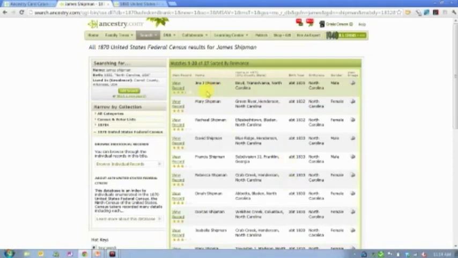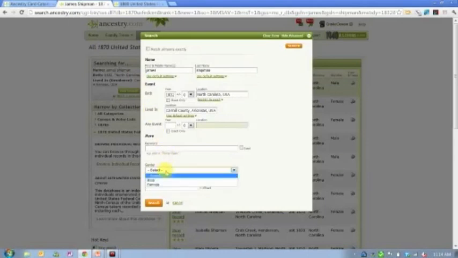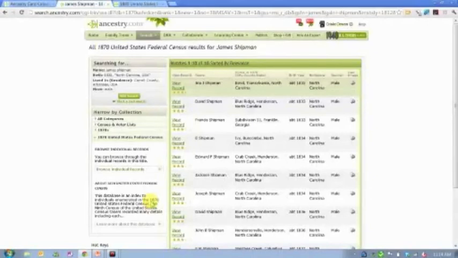Now you'll notice we're now having different first names. Well, that's because every other piece of information, the last name, the birth year approximation, the birthplace, are all the same. I can further filter that by adding or changing additional information. So I'm going to only want to see males, for example. Now I've only got 10 things to look at.